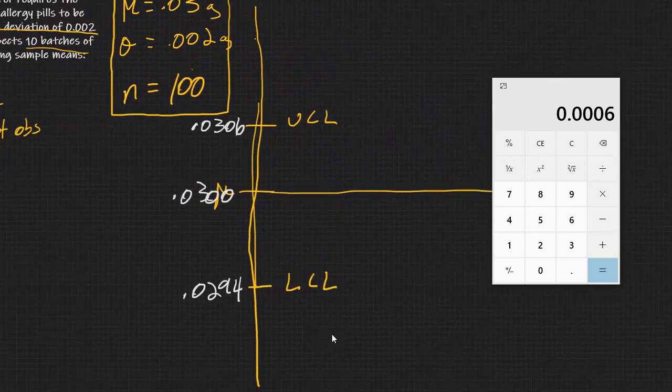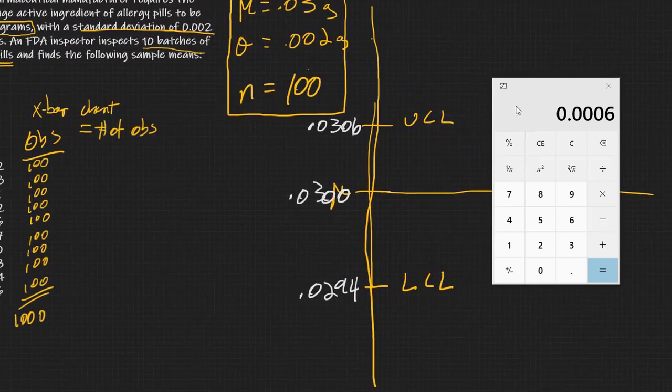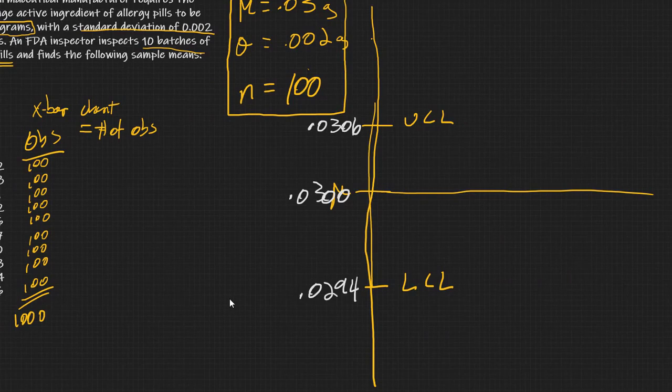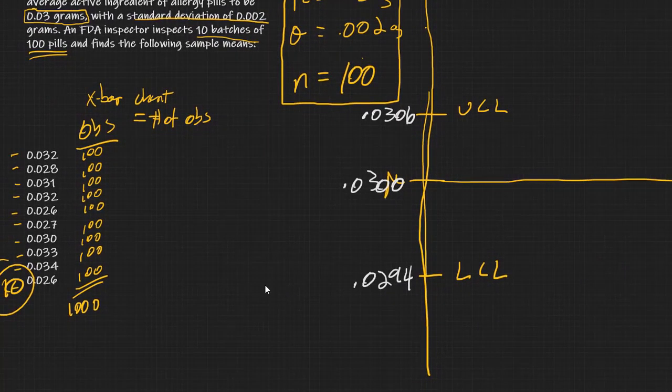Now I'm going to look at my observations and write them out. 0.032, this is where decimals are important.